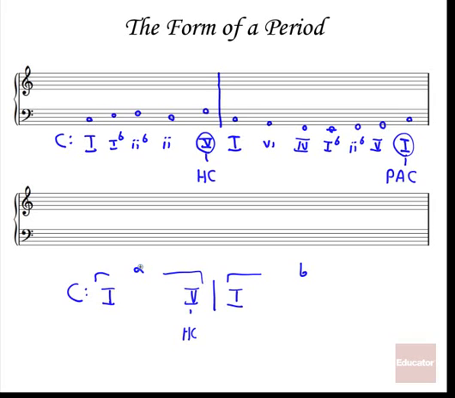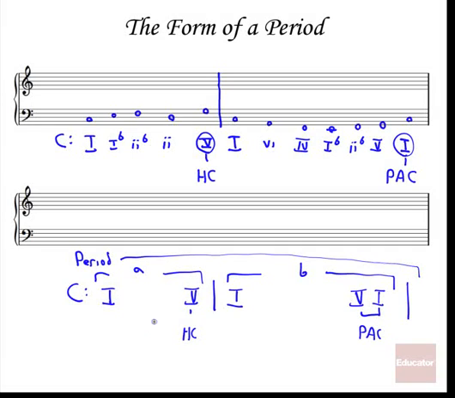Otherwise it could be maybe A prime, and then it ends with a 5, 1 perfect authentic cadence. And so this is a period. And of course, this is a phrase, and this is a phrase.